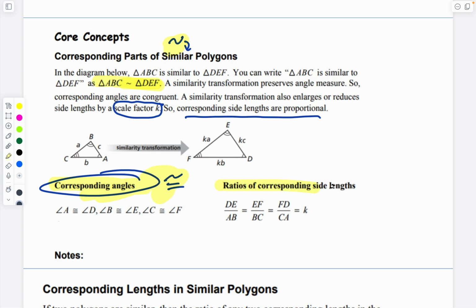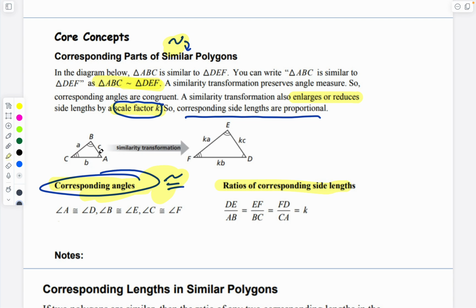The sides have a common ratio, the ratio of the corresponding side lengths. So similarity either enlarges or reduces a shape. Okay, and that's by a scale factor. We call that scale factor k. So corresponding side lengths are proportional, meaning their ratios are equivalent.